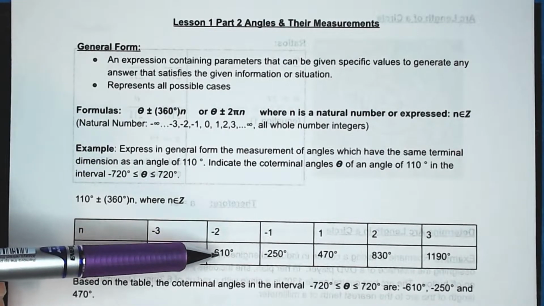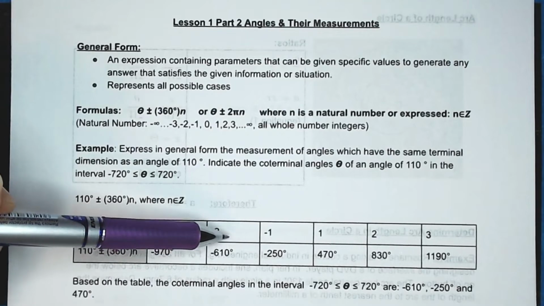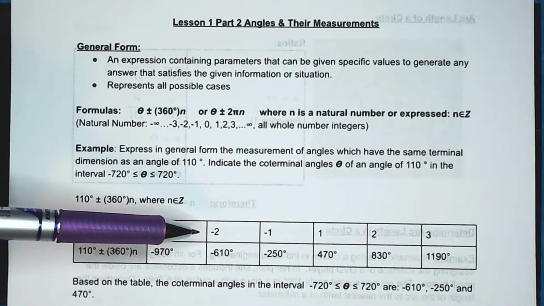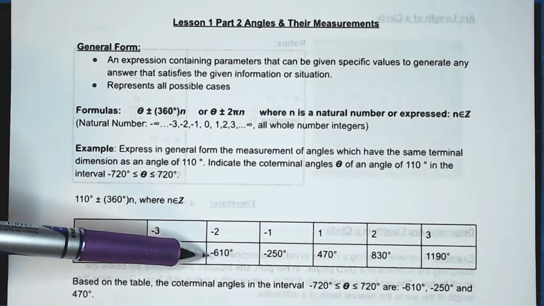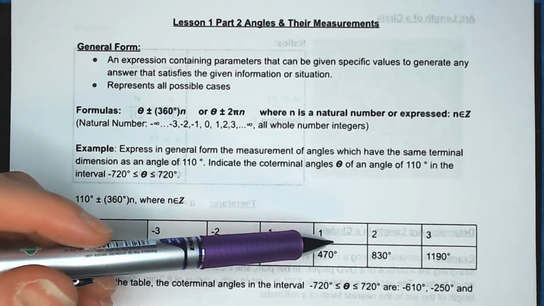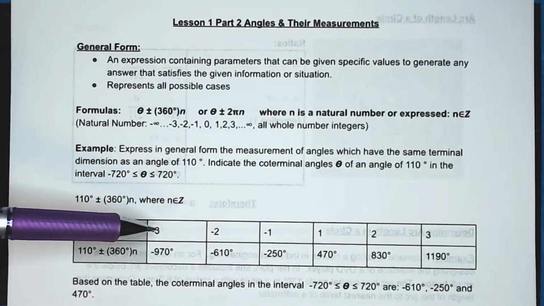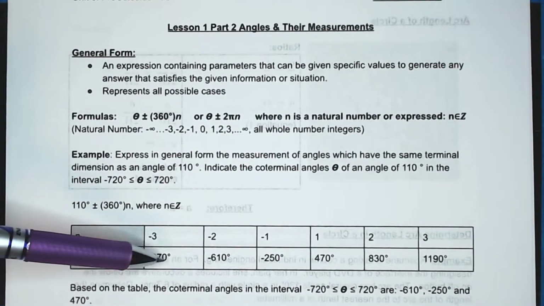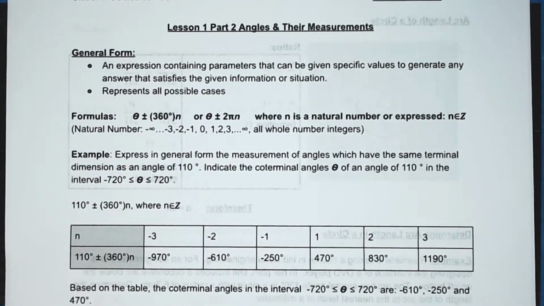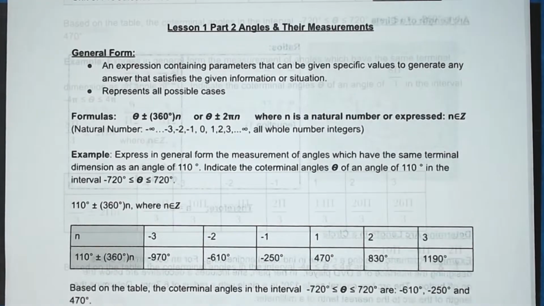So you want to look at the values you're given, and the coterminal angles that fit into that interval are negative 610, negative 250, and positive 470. Negative 970 and 830 are outside of our interval, so they're not valid answers in this circumstance.